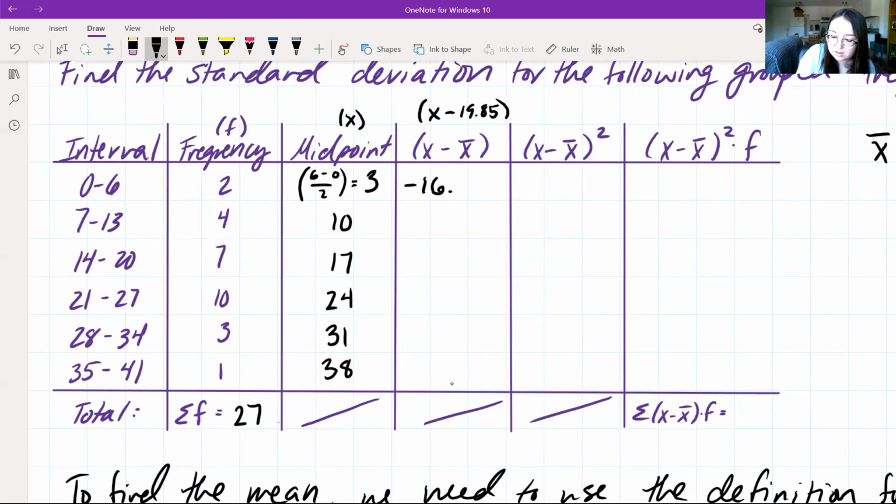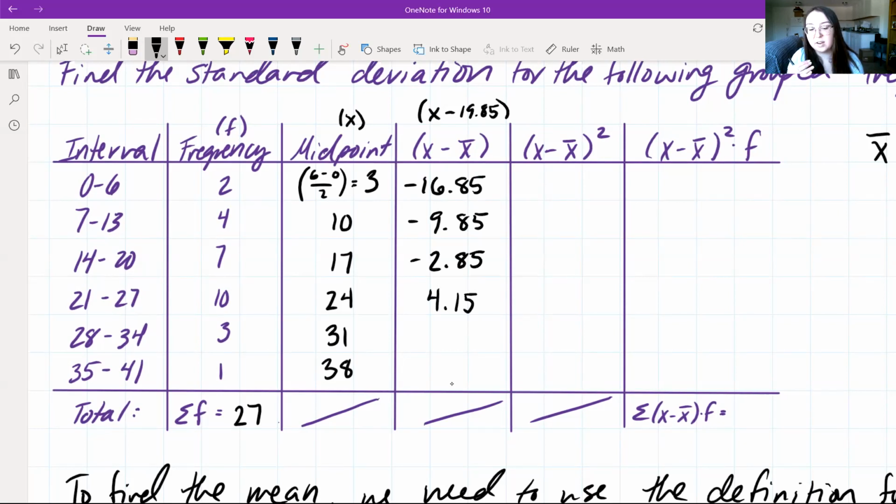It's going to give us negative 16.85. Then for our second, we're taking 10 minus 19.85. It's going to give us negative 9.85. Then we take 17 minus 19.85. This gives us negative 2.85. Now we're taking 24 minus 19.85. It's going to give us 4.15.